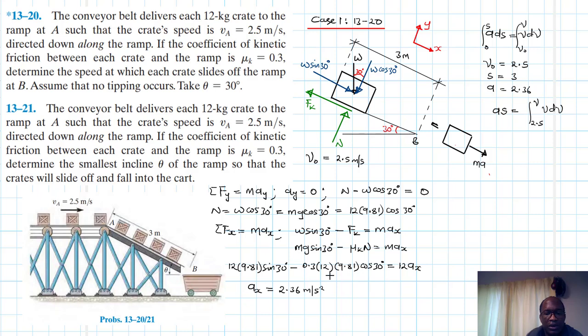When we plug in the values, let's come down here.